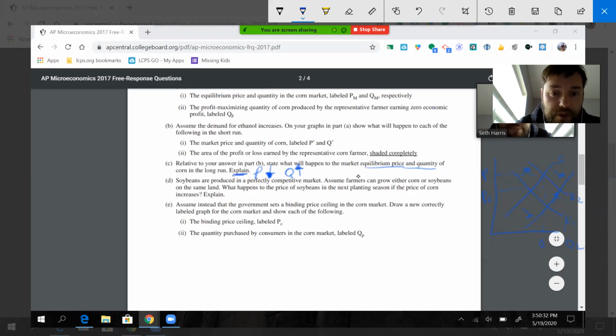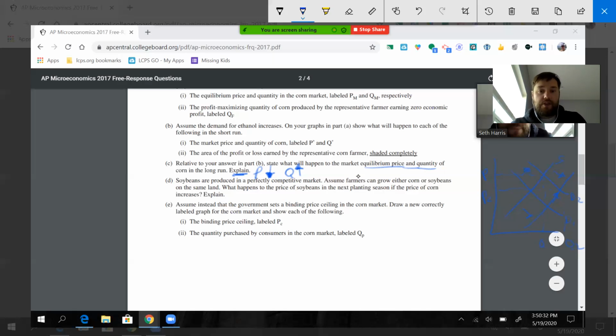Just make sure you have a sentence or two there explaining that shift in supply. And the reason is because it's easy to enter the market, right? Because it's a perfectly competitive market. And as corn farmers are making economic profit, people are going to be attracted to that market and start planting corn. Okay, so let's go to part D now.